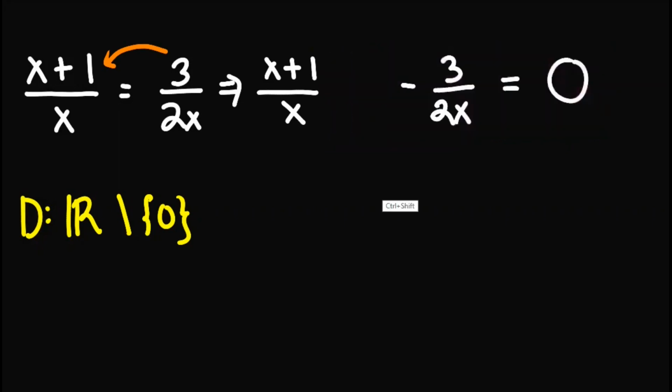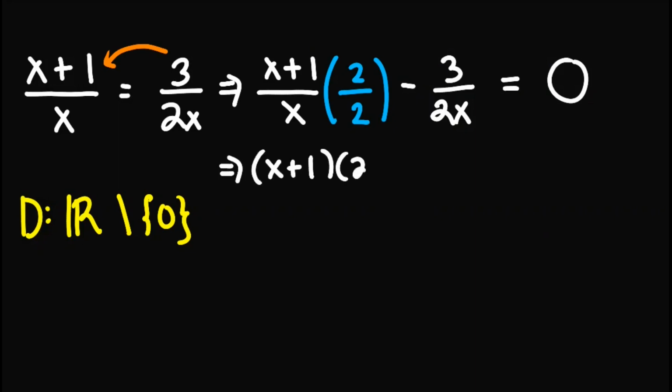So we multiply what out here? We multiply 2 over 2 to make the denominators the same. So we'll have here x plus 1 times 2 minus 3 all over the denominator, which is now 2x, equals 0.